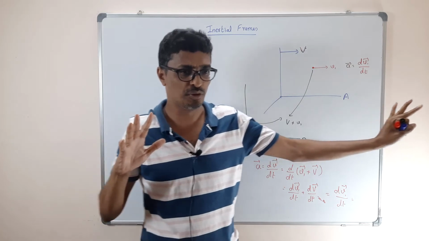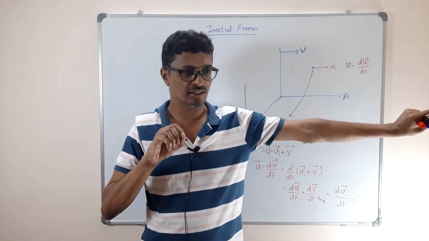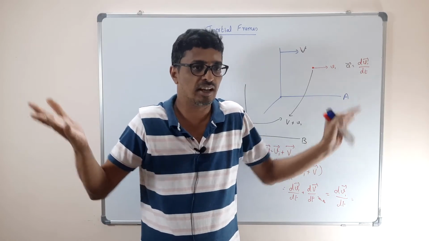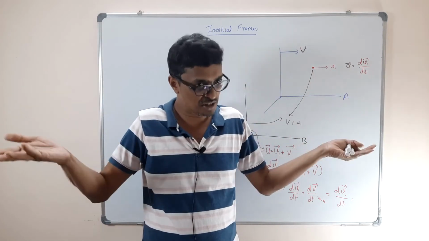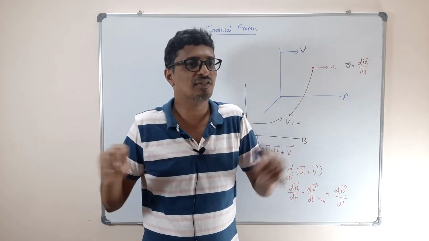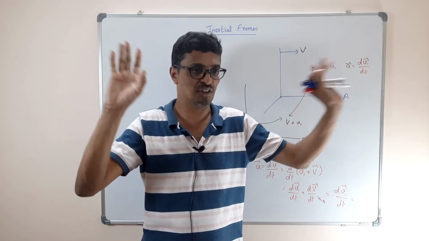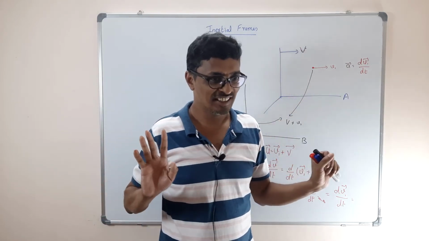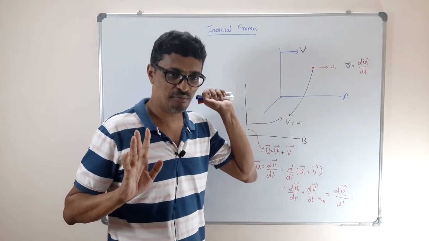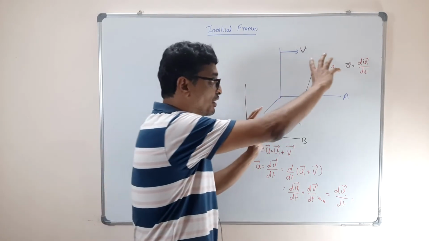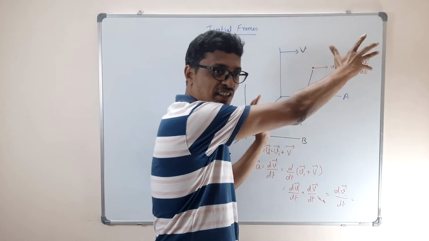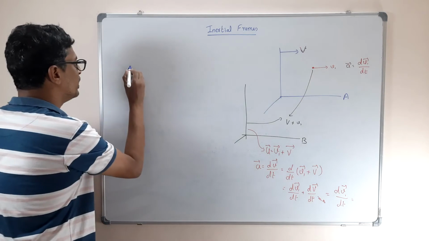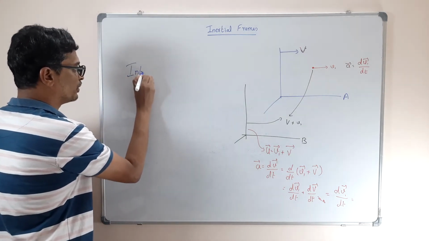All the frames which are moving at a constant velocity or at rest, it doesn't matter, because there's nothing like an absolute rest; the rest corresponding to you may not be rest to some other frame. So all frames which are moving at a constant velocity measure the same acceleration. That means the laws of physics are going to be the same in all these frames. Those frames you call your inertial frames.